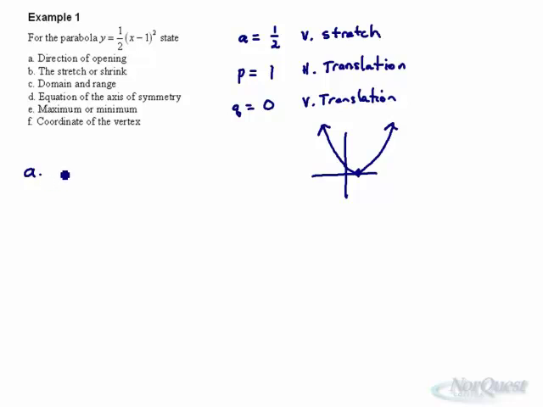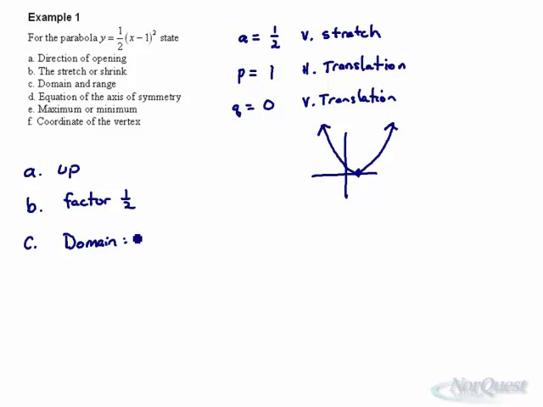The direction of opening is up. The stretch factor, I don't tend to use the word shrink, and we don't use the word shrink in 30 pure. We just always describe it in terms of its stretch, and we'll use factor 1/2. The domain, well, we've been practicing some domain and range already.